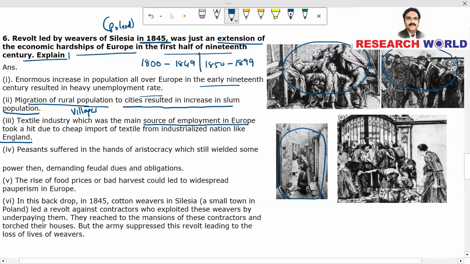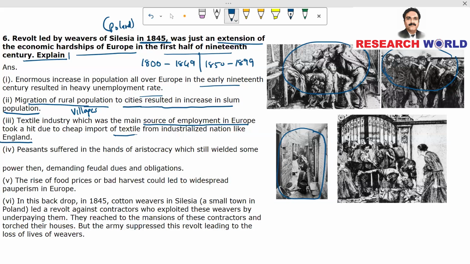So England was a predominant power in the industrialized textile sector. They could produce cheap textiles because it's all mechanized machines, and this cheap textile they used to export from England, and other countries had to import these commodities, especially textiles, into their country.